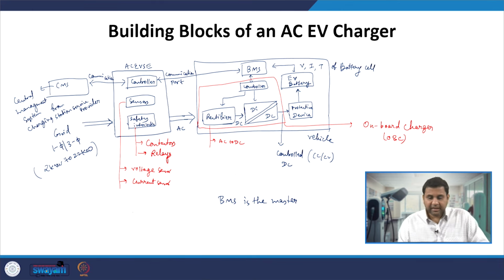So, that is why in case of an AC charger, you have an AC EVSC.